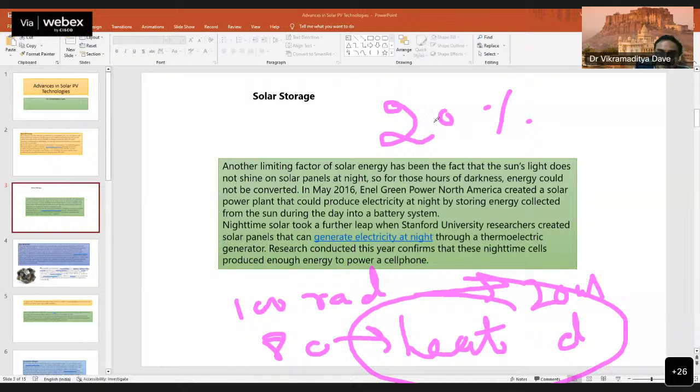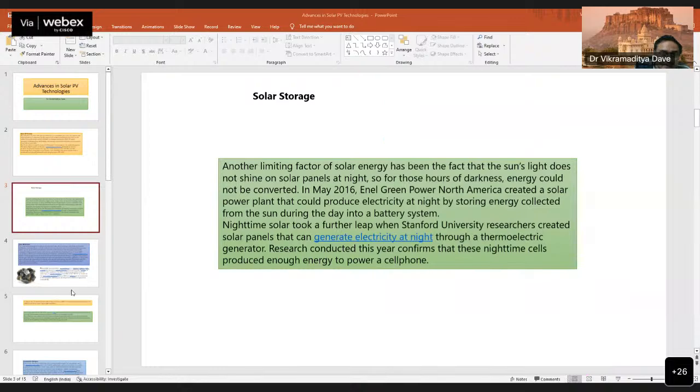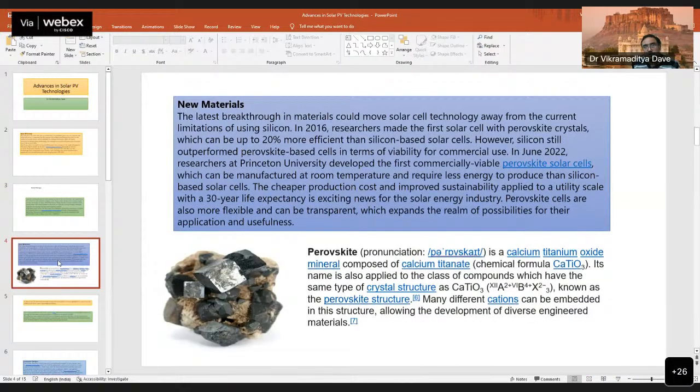Another milestone in this period was in the form of new materials. As I've already told you, we have to go for a material which can provide an efficiency up to 40%.